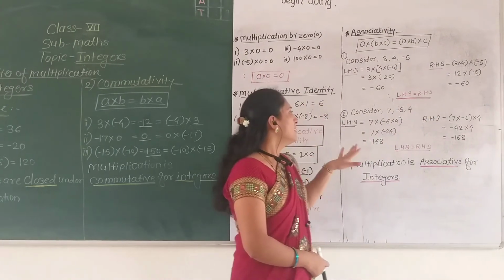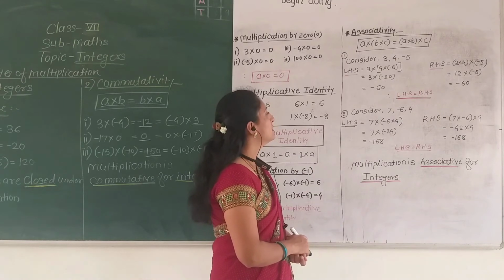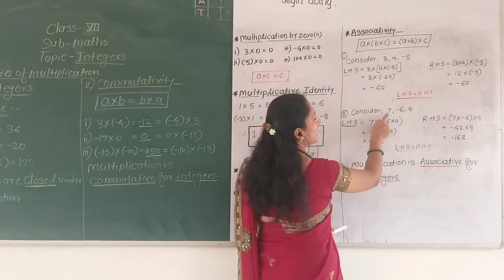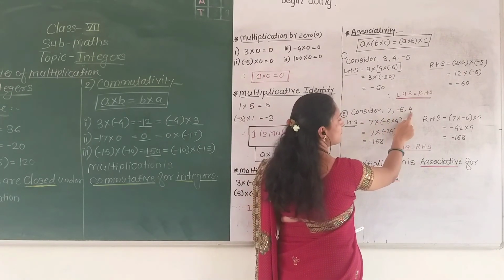Now consider one more example. Here I change the values of A, B and C. Here the value of A is 7, B is negative 6 and C is 4.